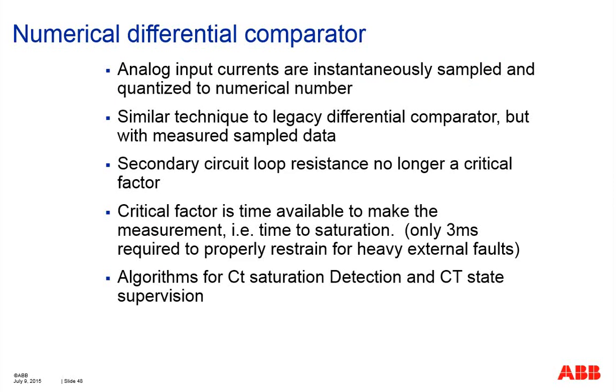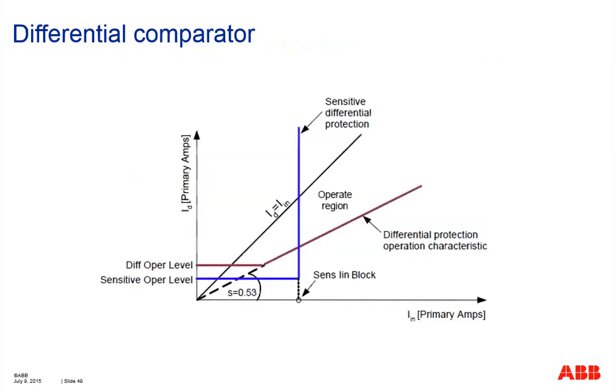properly reflect or produce a genuine secondary current, that's enough for the modern numerical busbar protection relay to properly restrain for an external fault. Typically, a modern differential relay will use this type of slope operating characteristic.